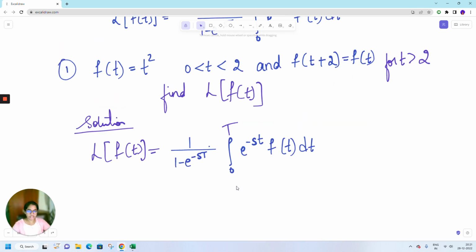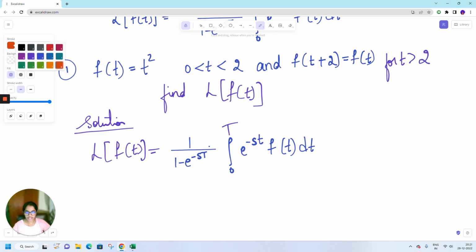Now, what is the value of capital T? Observe, here we have 0 less than small t less than 2. Whatever we have here, this is our capital T value.